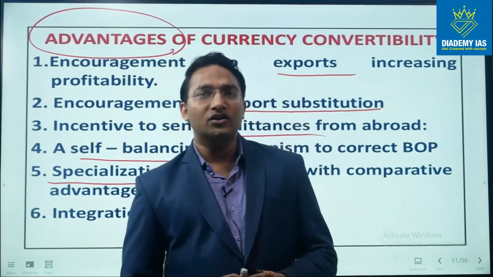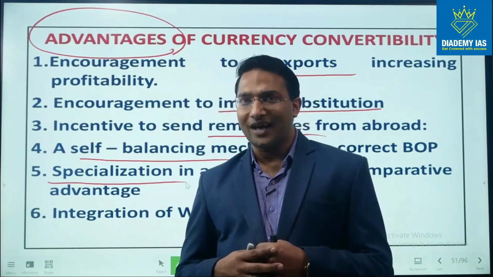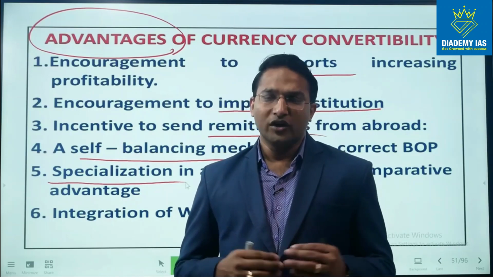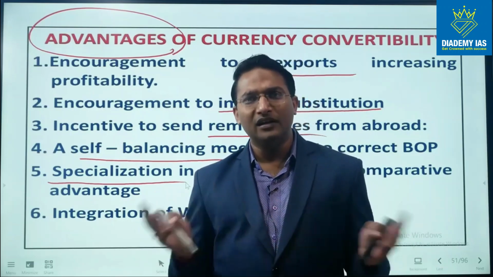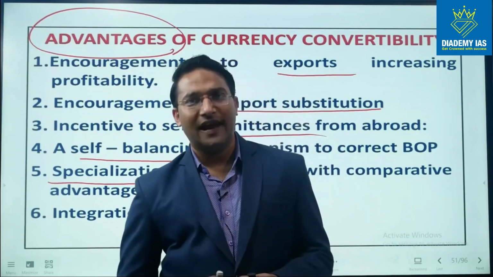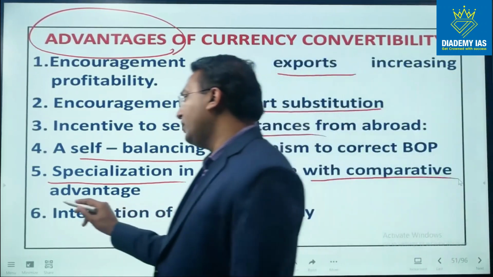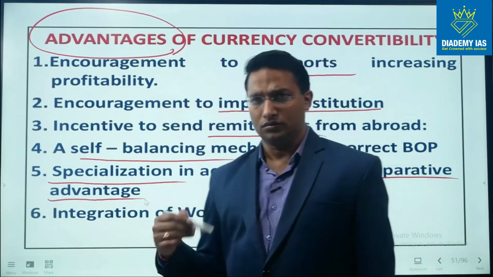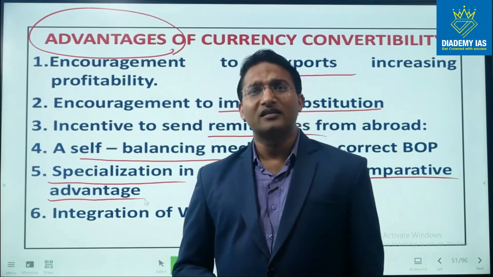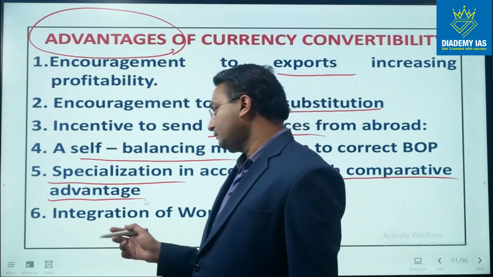So in India we can ensure the specialization of the workforce, for example into information technology services, financial services, etc. So if there is easy flow of money for the purpose of import and export of services, then we can develop the specialization and we can get the comparative advantage as compared to the foreign countries. In the foreign countries, the cost of providing these services is very, very high, right? So we can provide these services from India at a low cost. So this will provide a comparative advantage.